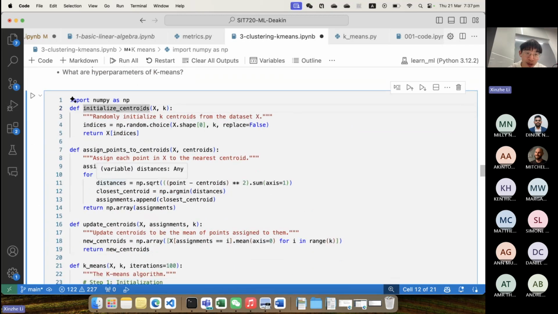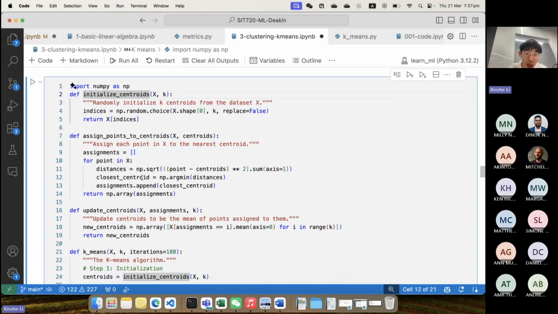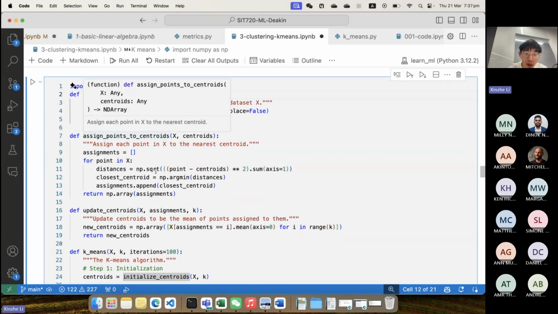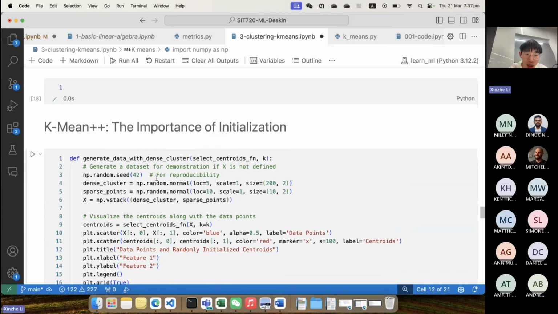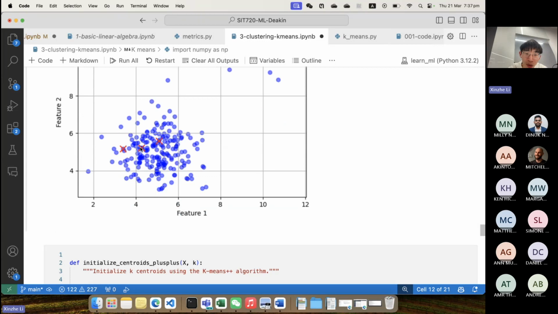Then you have centroids. What do you do? You assign the points to centroids. Just to give you the general idea: you have this centroid, right? You assign these points to this centroid as one cluster. Now you update this centroid. You average the x dimension, and you get the x position for this centroid.